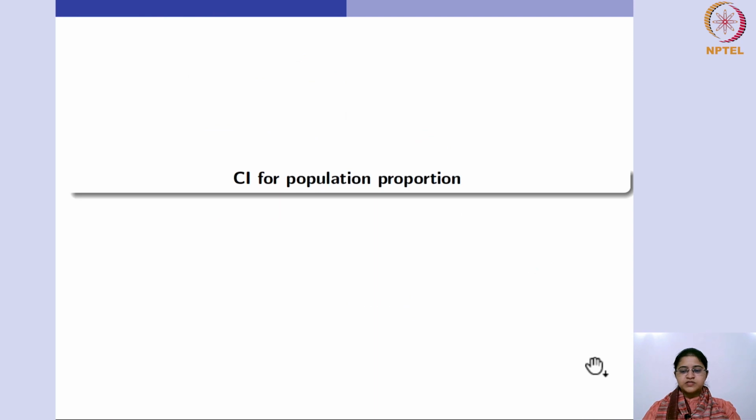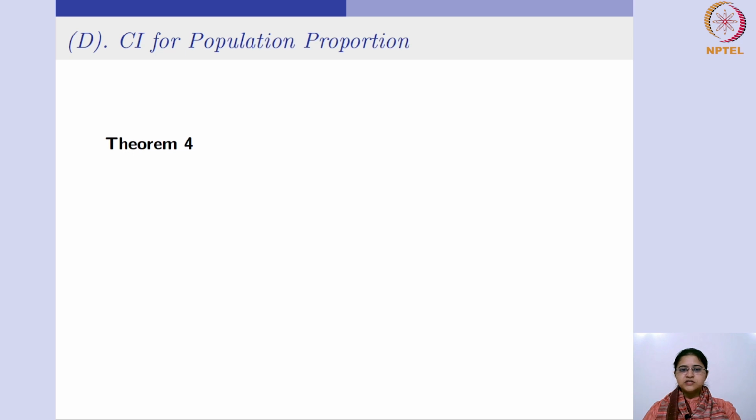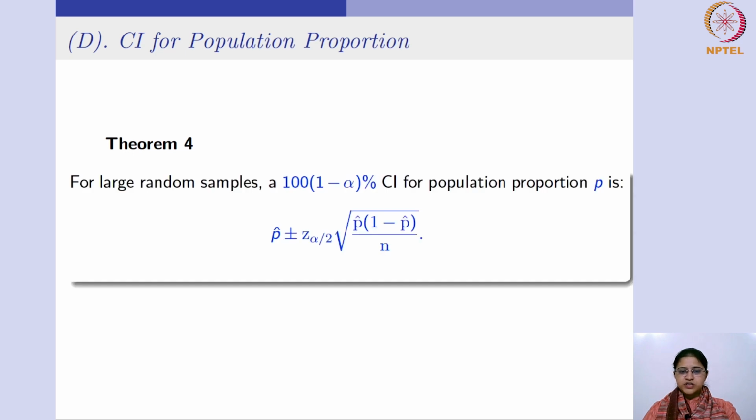So this was basically about confidence interval for population variance, and now if we look at confidence interval for population proportion, the result says that for large random samples, your 100 times 1 minus alpha % confidence interval for population proportion is p hat plus minus z alpha by 2 into the standard error, that is the square root of p hat into 1 minus p hat divided by n.